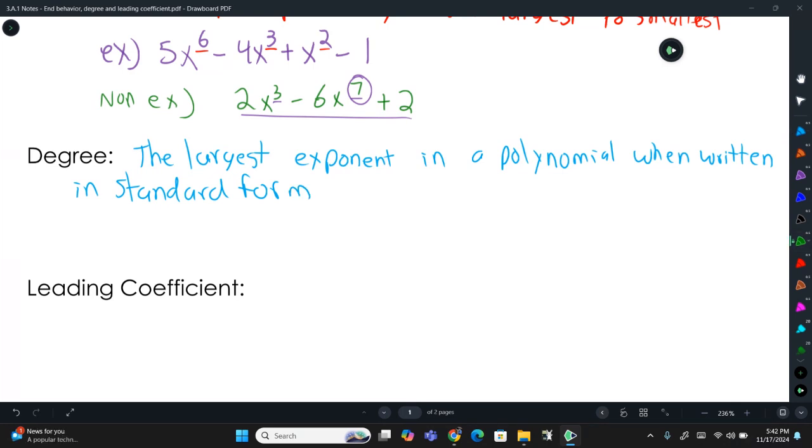So if we had the polynomial negative 14x to the 8th minus 7x to the 6th plus 5x to the 4th, well, the largest exponent is 8, so the degree of this polynomial function is 8 because it's the largest exponent when written in standard form.